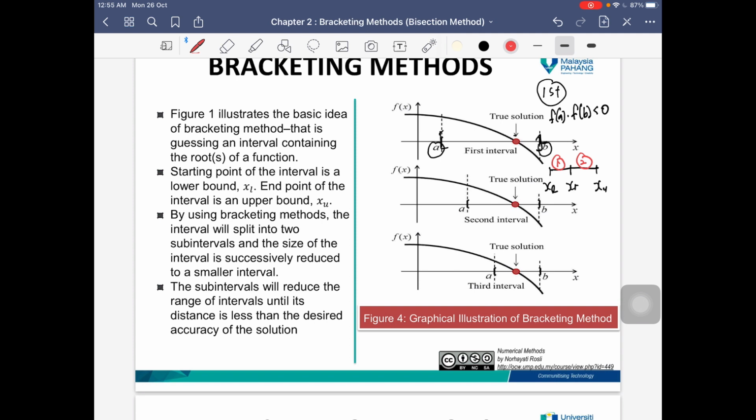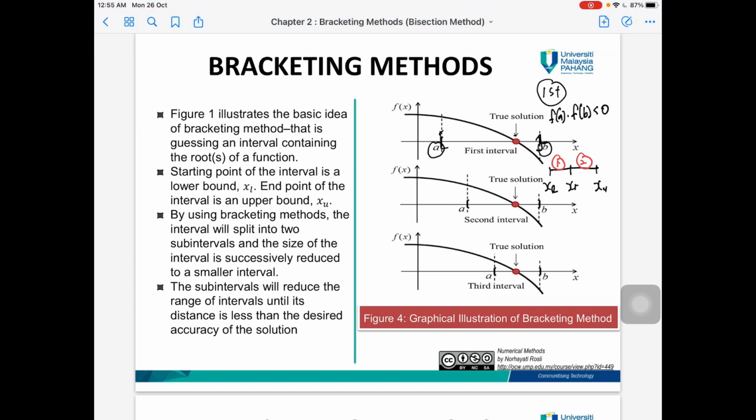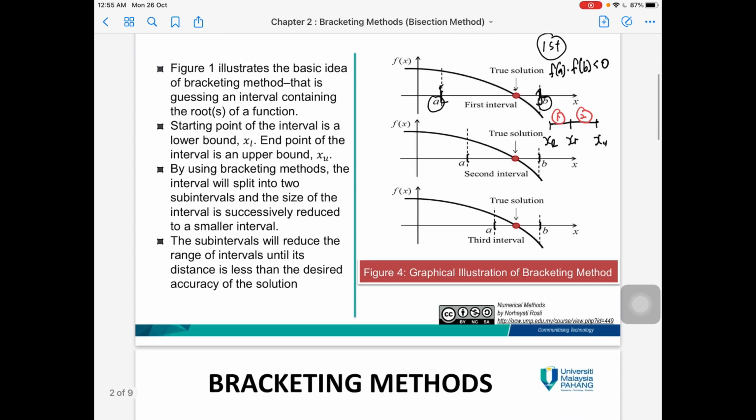Then we must decide whether our true solution lies in the lower subinterval or the upper subinterval. So we have a test, and from that test we can decide our new subinterval or new interval. Then we can reduce the interval so that it becomes closer and closer to our roots. That is the idea of bracketing methods.